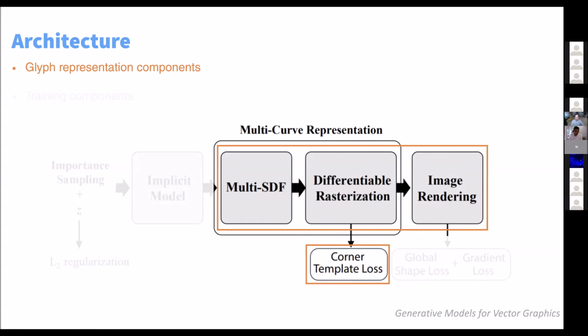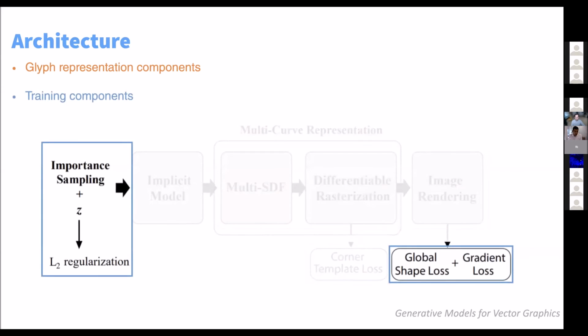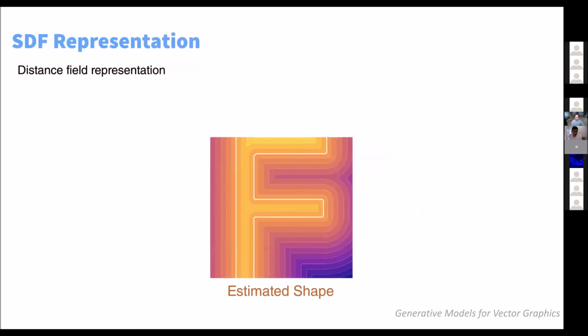SDF would be a signed distance field, but in the context of fonts, and I'll talk about that. The other modules are the standard sort of gradient loss we will have, the L2 regularization and the shape loss. So these are quite standard. You can have a VAE, then you would have a normal or a KL divergence on the Z term also. That's a standard detail here.